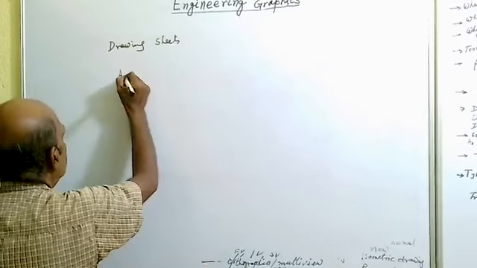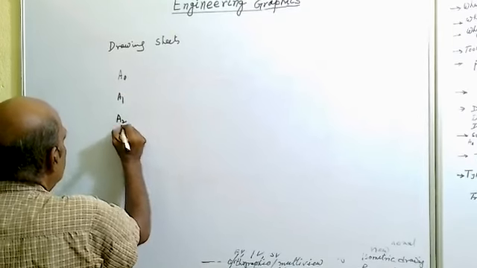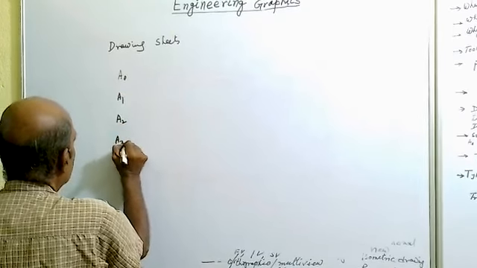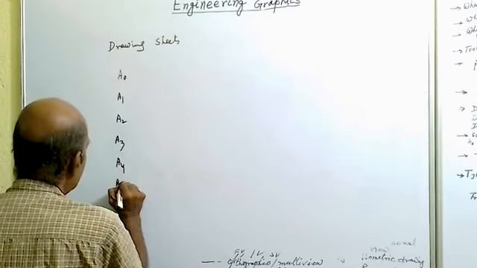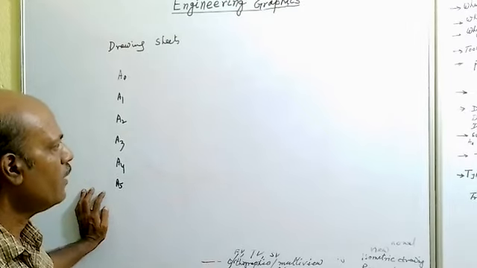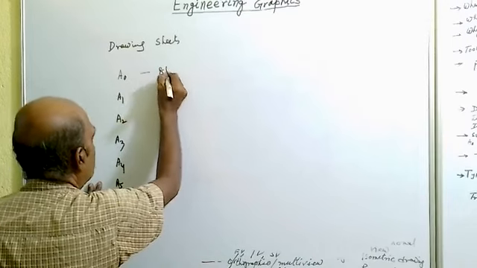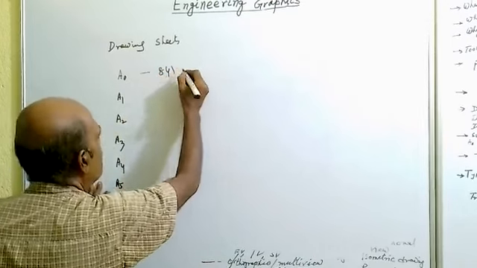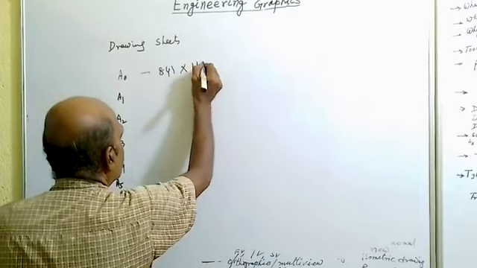They are given by A0, A1, A2, A3, A4 and A5 sizes of drawing sheets. The first sheet, A0, is 841 into 1189.